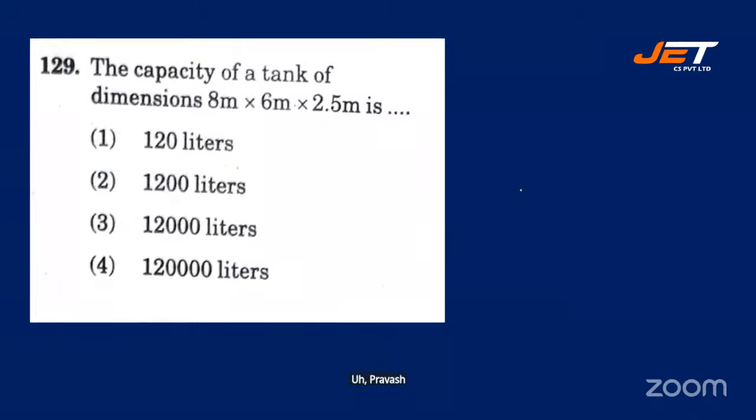Pravashti, Lakshmi Prasanna. Good. So quickly work it out and give me the answer. The dimensions are given. You just have to multiply and then find out the capacity. Yes, Nikhil, good.